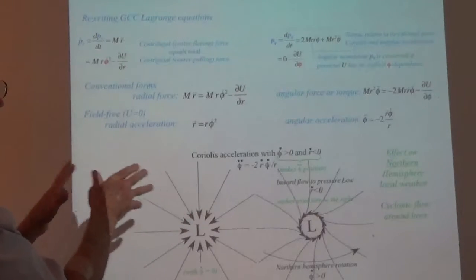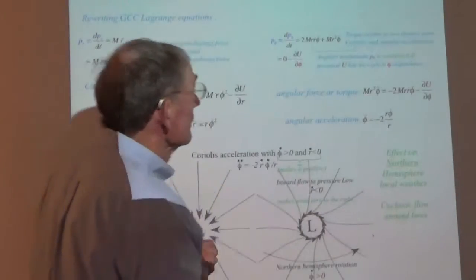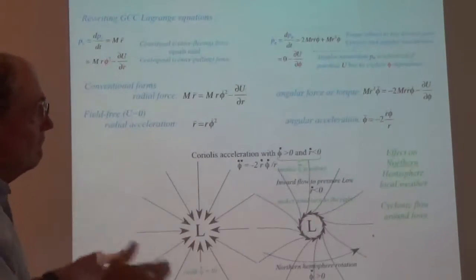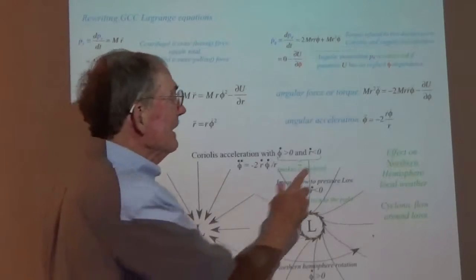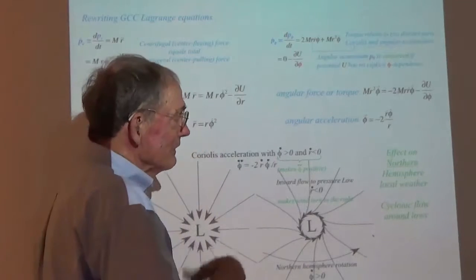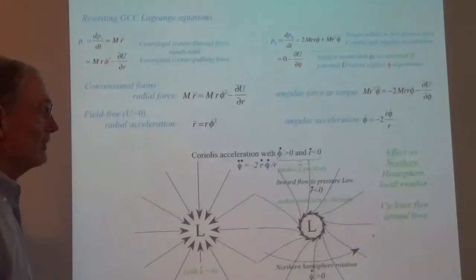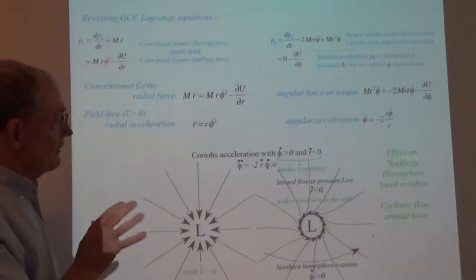We're doing northern here. So we're taking these equations from that relationship and putting some hand waving on them. The angular acceleration is the one that's most interesting because that's what's driving the incredible velocities near the center of a hurricane. And you have to treat the signs carefully.